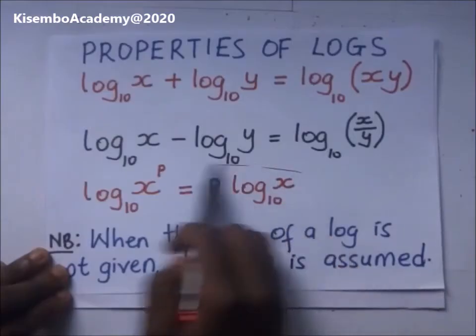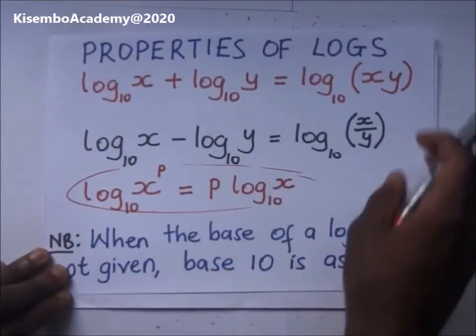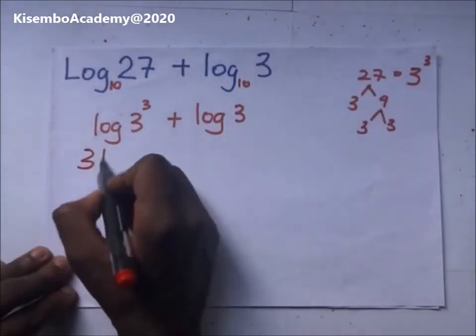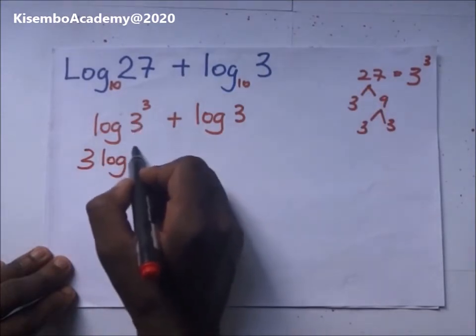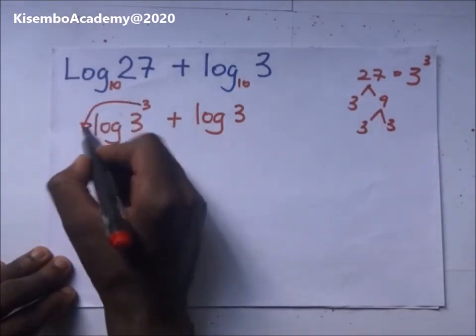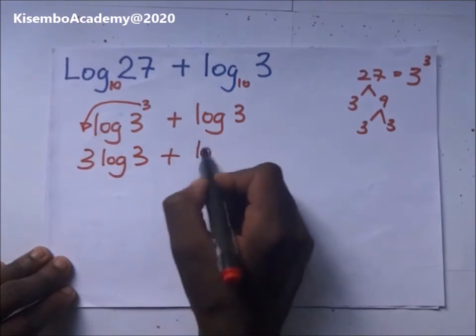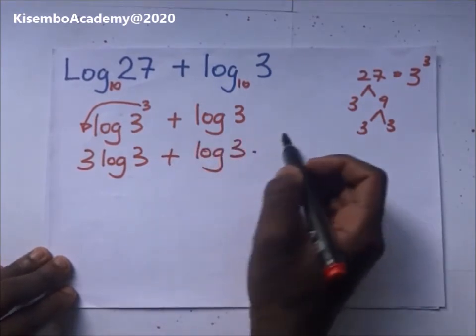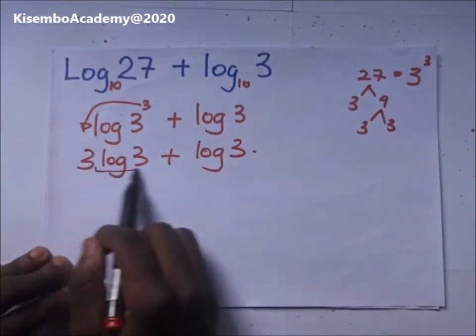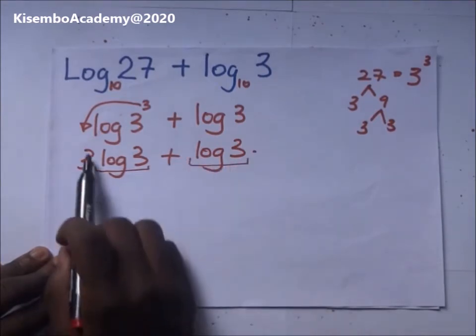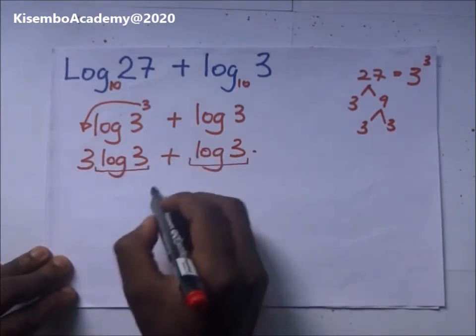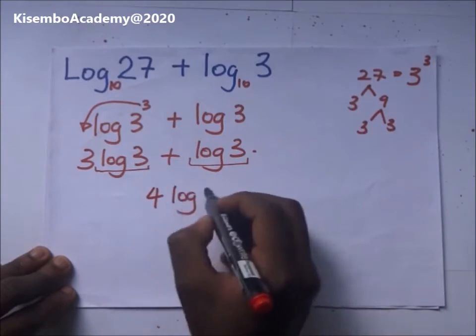Now, using this property here, it's going to become 3 times the log of 3, this 3 comes right there, plus the logarithm of 3. And of course here it's like saying 3x plus x. So 3 log 3 plus log 3 is going to give us 4 log 3.